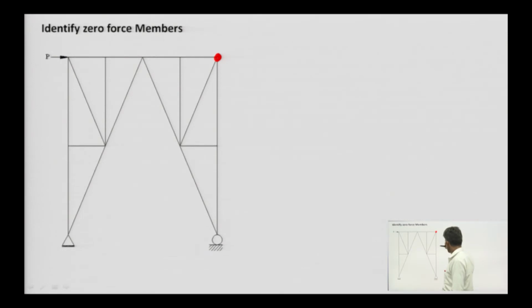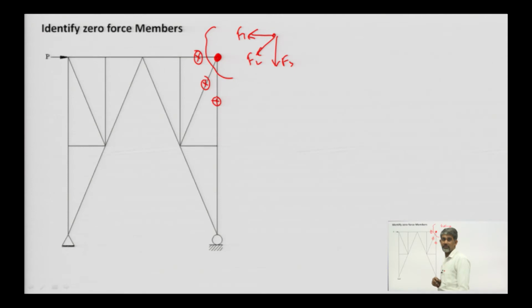So, what will be the force in this member? No force. Why? Because if you take the FBD of this one part, without any load, if this is F1, this is F2, this is F3, all these three will be 0 without any external load. So, what will be the value of force? It will be 0, okay.